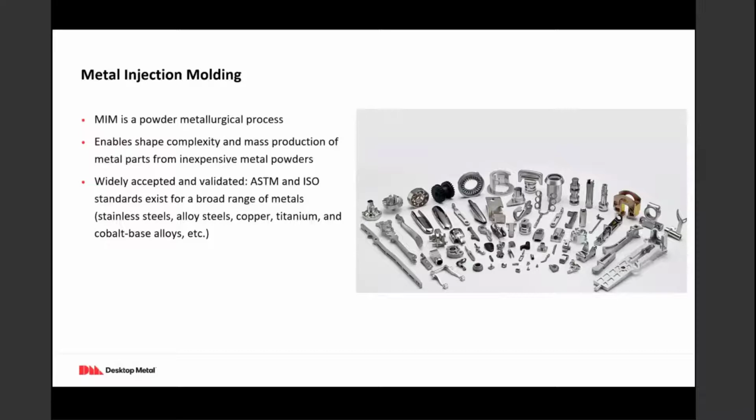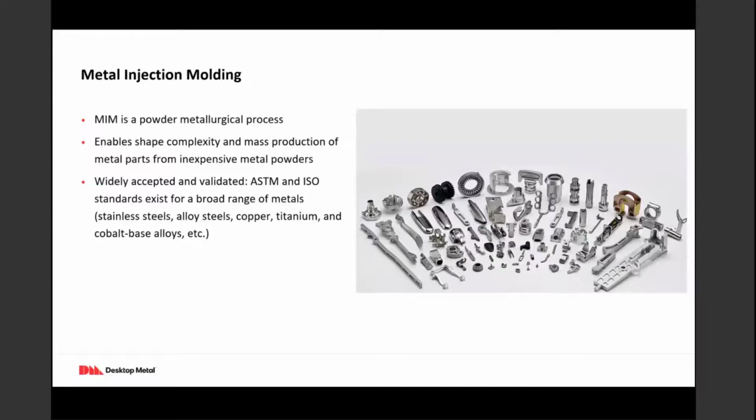This process has been around for nearly 60 years now, and because it's a multi-billion-dollar industry, widely used across a lot of sectors and applications, there are well-established standards that have been developed, adopted by ASTM and others, and this process supports a very broad set of alloys, literally over 100 different alloys.